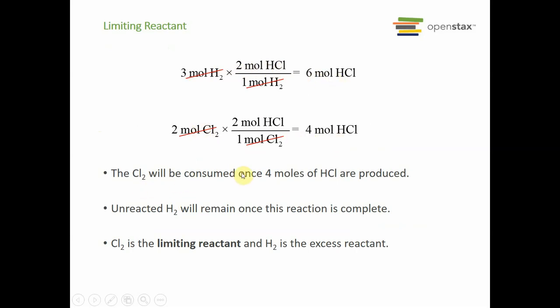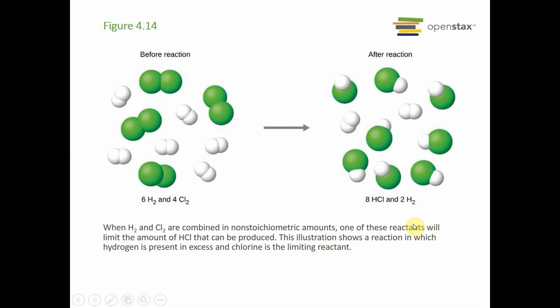The chlorine will be consumed once 4 moles of HCl are produced. Unreacted H2 will remain once this reaction is complete. Cl2 is the limiting reagent and H2 is the excess reagent. Before the reaction and after the reaction, we still have some hydrogen left over.